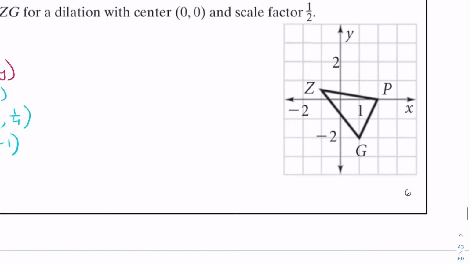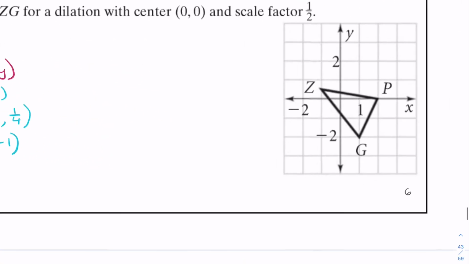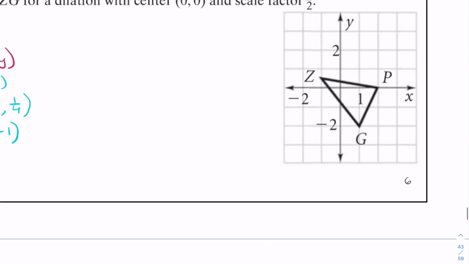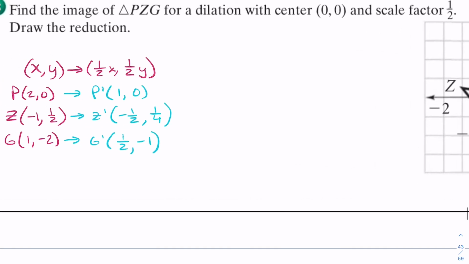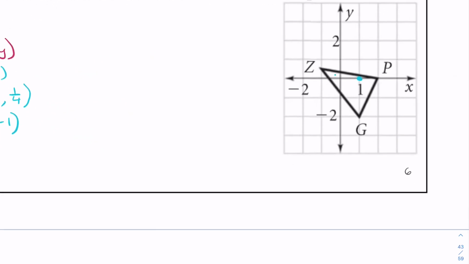And it's going to look crazy on here. If I were to actually graph this, 1, 0 is there. And then it's what? Negative 1/2, 1/4. I mean, this is so small. I wouldn't expect you to graph this. So don't worry about graphing.